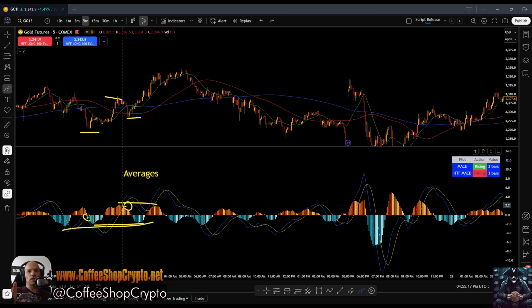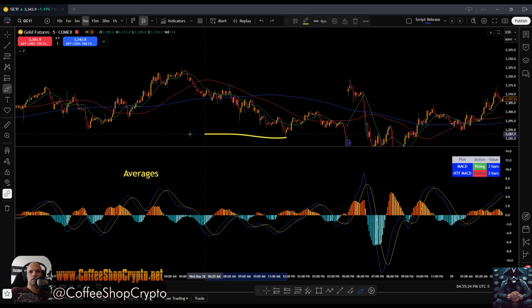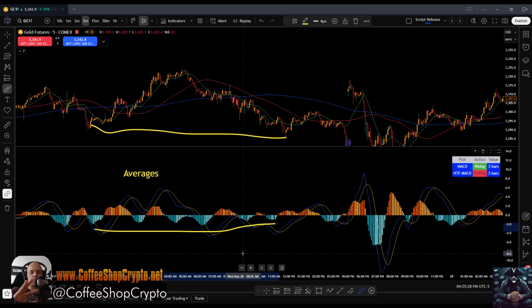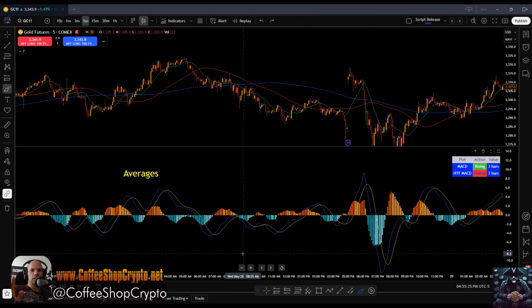So you cannot use divergences with the MACD, not against price. You cannot get divergences on the MACD with price because the MACD is averages and price is real time. So where are the divergences?